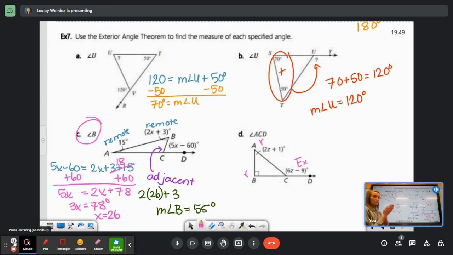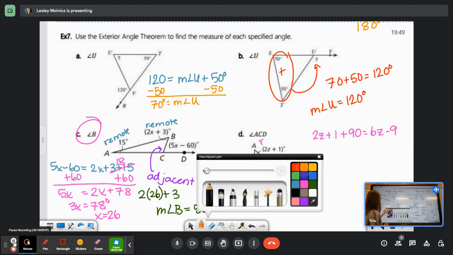So if I add the remotes together, I have to get the exterior one. So this one is 90 because those are perpendicular. All right, so I have 2z plus 1 plus 90 has to add up to 6z minus 9. Let's do some combining of the like terms.